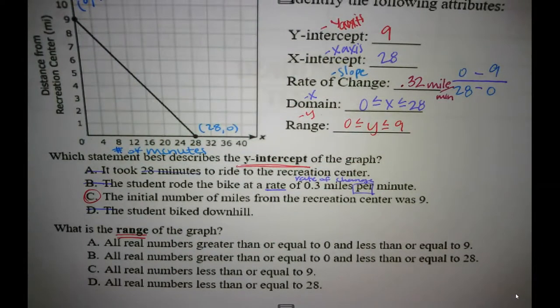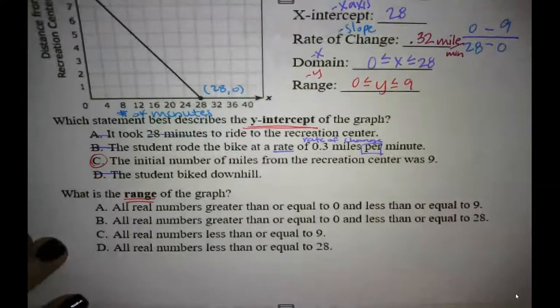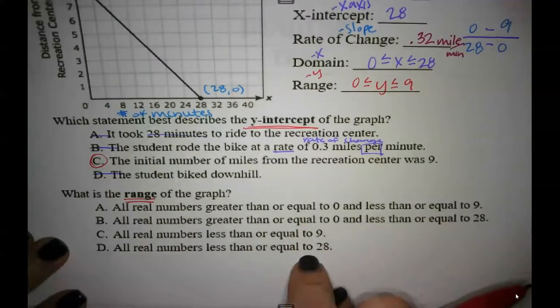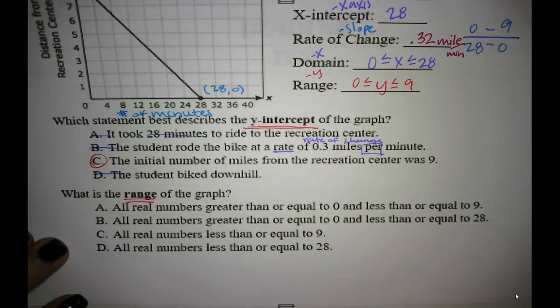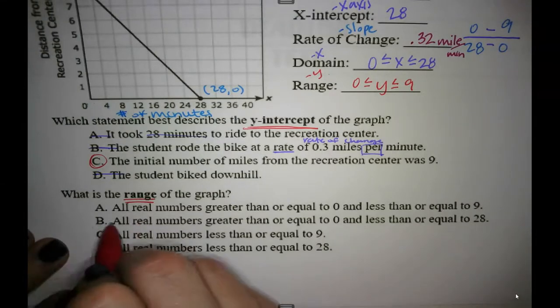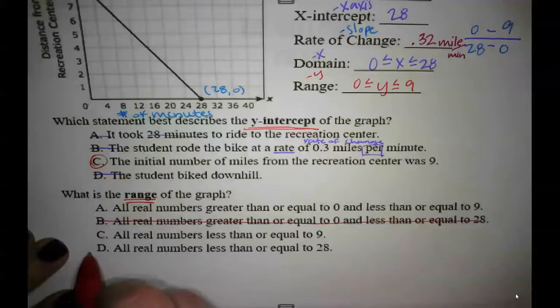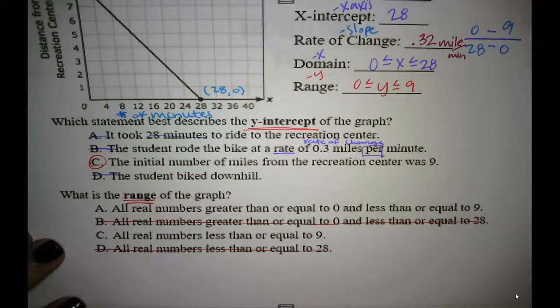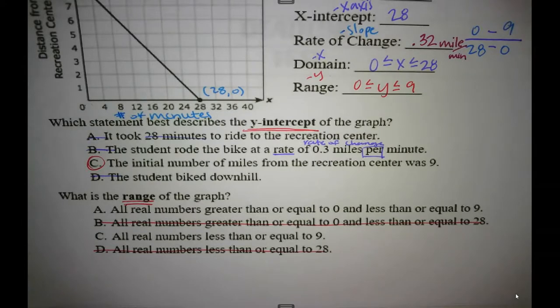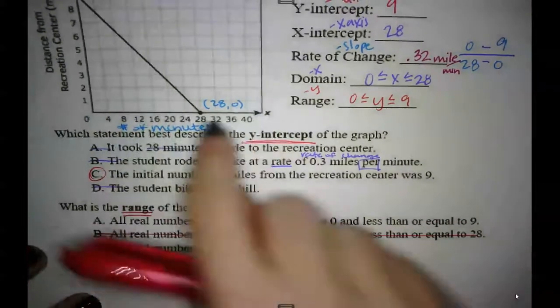So I can go ahead and look at these answer choices, and since I'm looking at range, we know it's 0 to 9. Cross out anything that doesn't relate to 0 or 9. What was the 28? The 28 is on my x-axis.